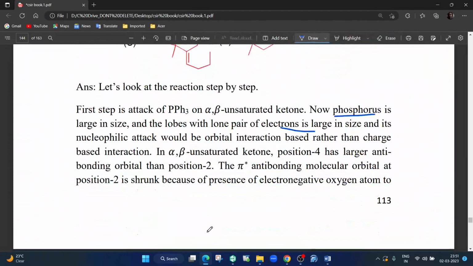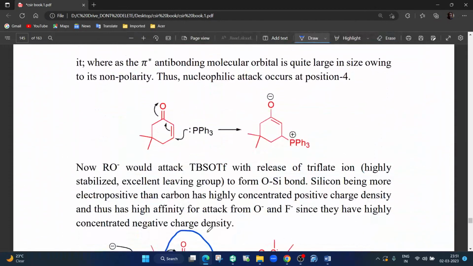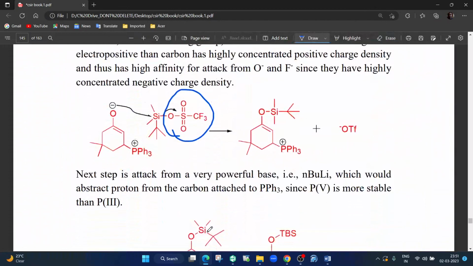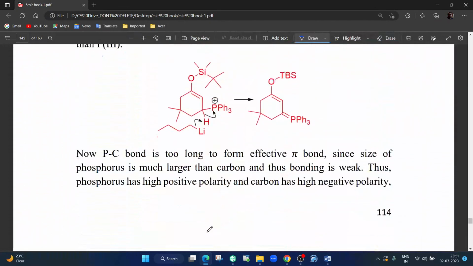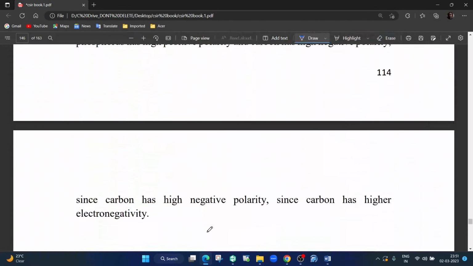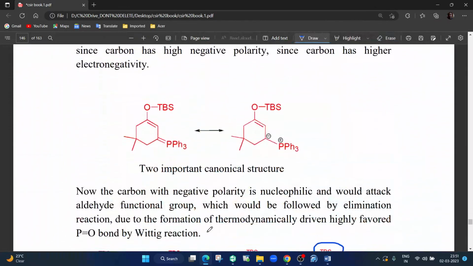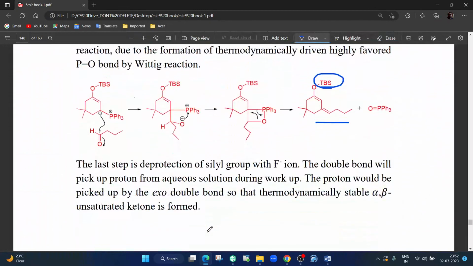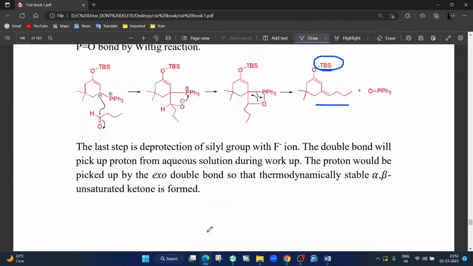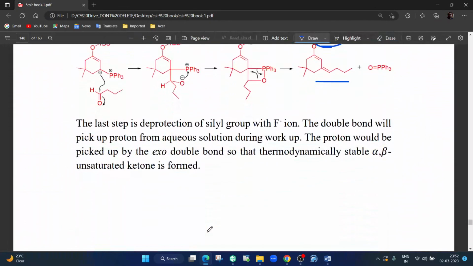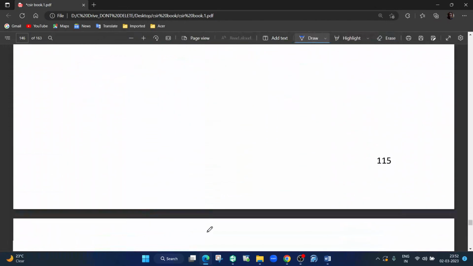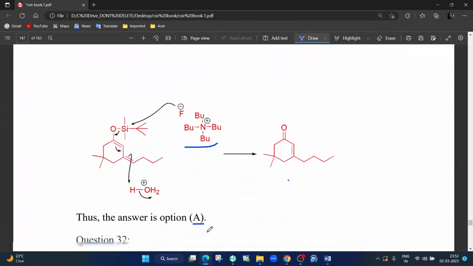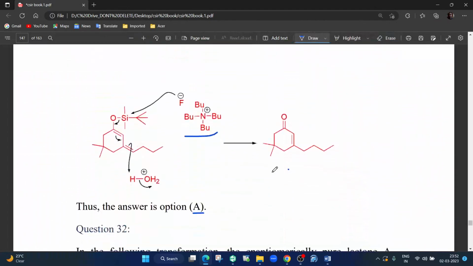Please pause it if you feel I am going fast. Right, the answer is option A, this was option A.